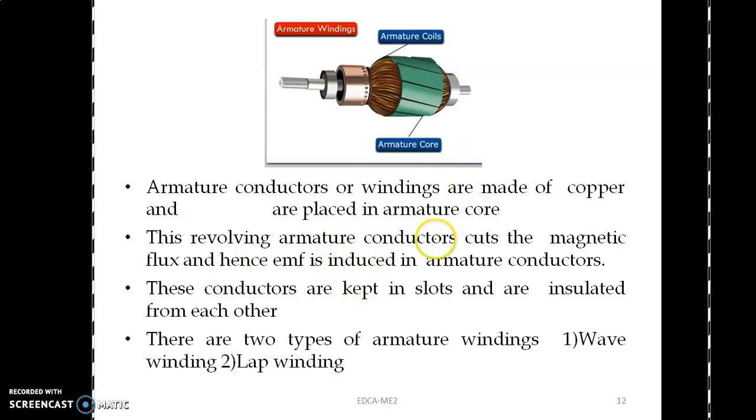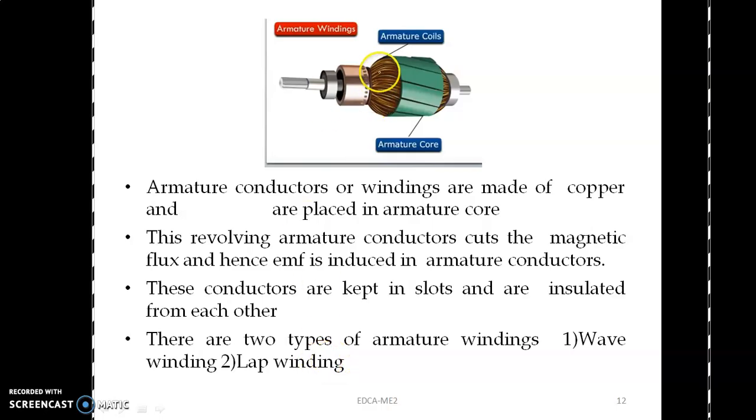Then the revolving armature conductors cut the flux and hence EMF is induced in the armature conductors. The conductors are kept in slots and insulated from each other. There are two types of armature windings. First one is wave winding and the second one is lap winding. We will see what is wave winding and what is lap winding.